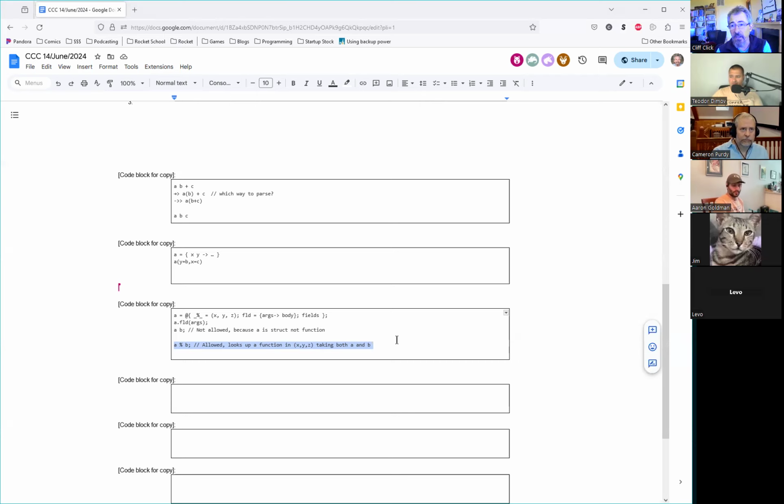And so A is a struct that has an operator field. Whereas the adjacency guy, he says, oh, must be the case that the A is a function. One of them says must be a function. One of them says must be a struct with an operator. And now you're changing that to saying could be a function or could be a struct with an operator. That's the funny operator. And like I said, I don't know if I can make that unambiguous.